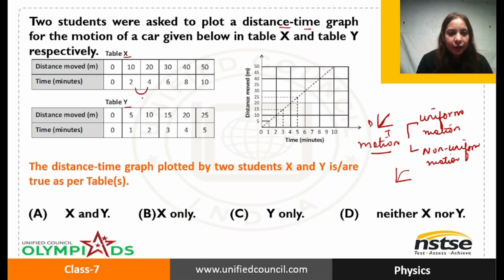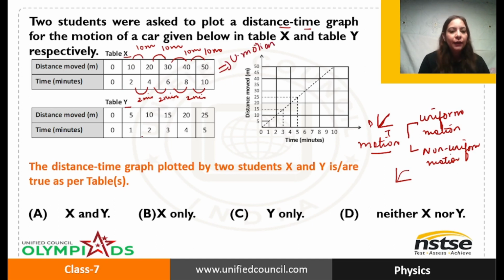Then after every interval of 2 minutes, the distance increased by 10 meters, because it became 20, and again 10 meters more. The difference is the same, that is 2 minutes. So that means it is uniform motion because in every 2 minutes the body is covering 10 meters. So yes, this shows uniform motion data.